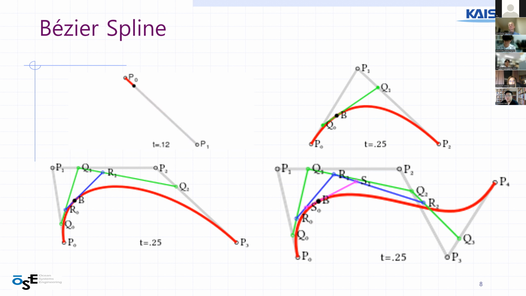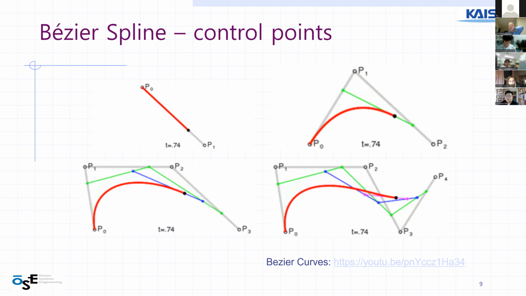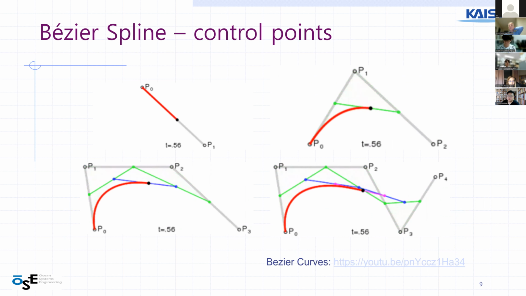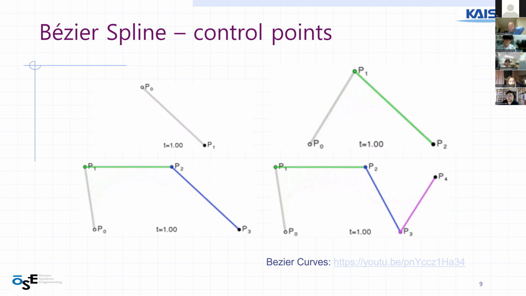If you only use P0 and P1, it would be a simple, straightforward line, but using many points makes more complex curves like this. These are moving image files for understanding. And I found some explanation video about this to understand the Bezier curve.